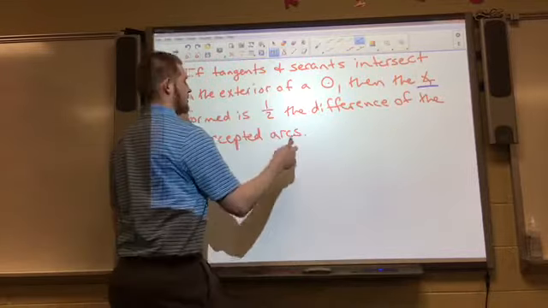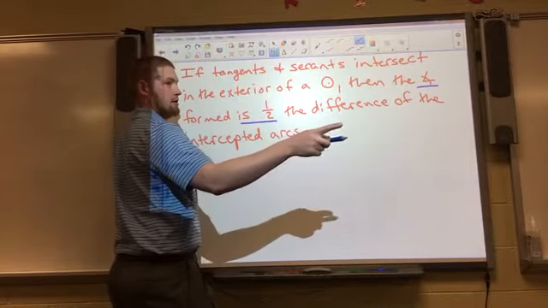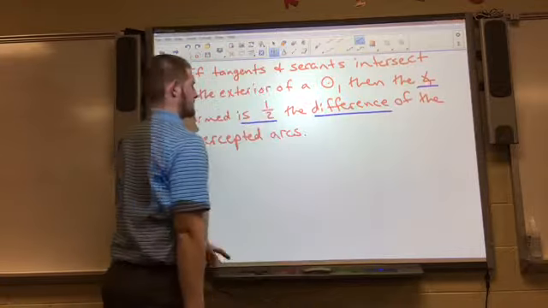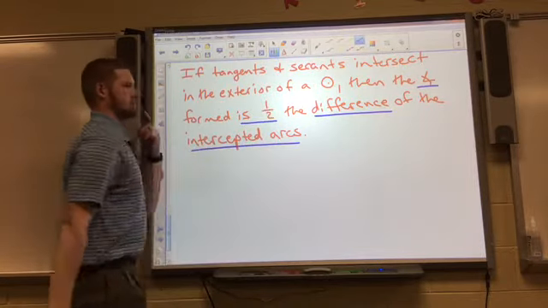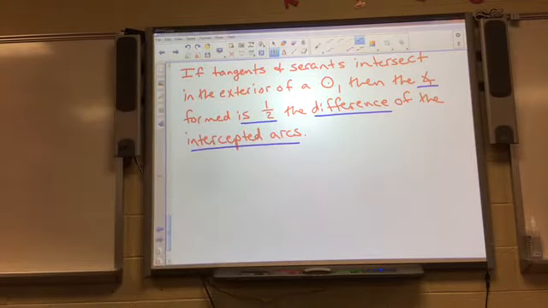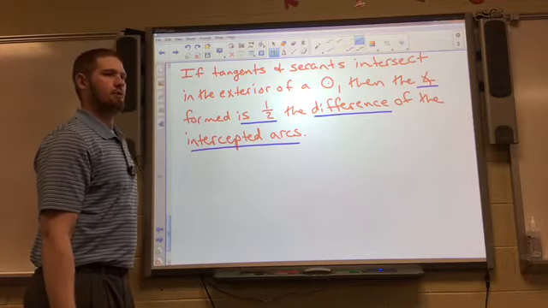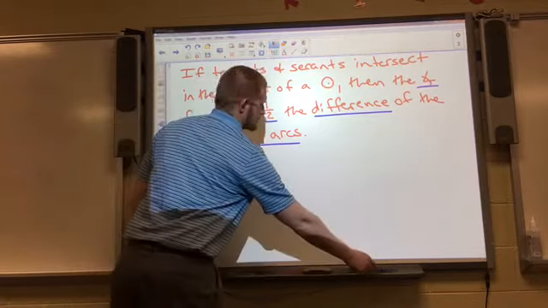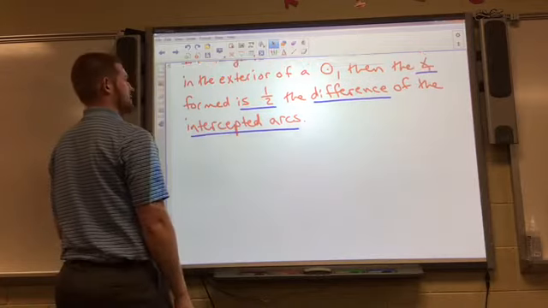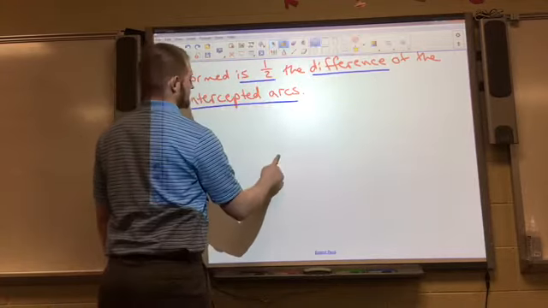Angle is 1/2 the difference of the intercepted arcs, right? What does the word difference mean? We're subtracting. Okay, so you could have up to 3 diagrams for this theorem.